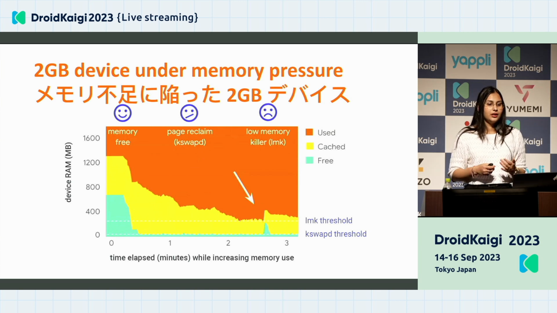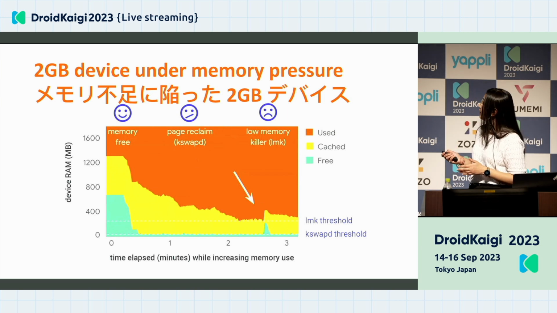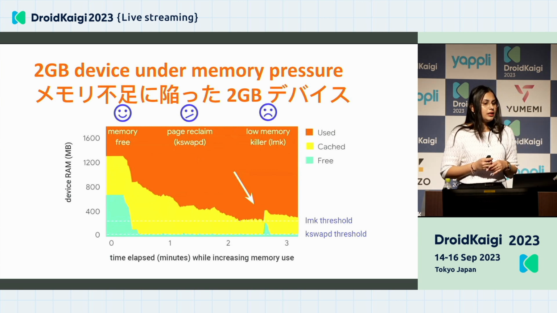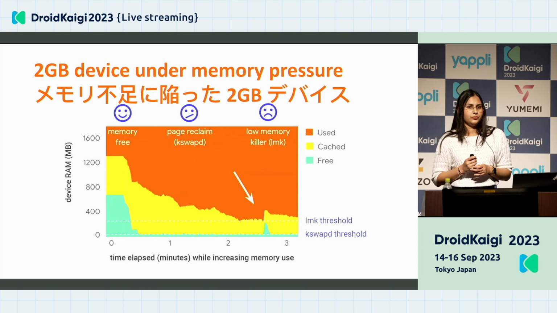So on Android, we have a mechanism called the low memory killer that kicks in when the amount of cached memory falls below a threshold, and we are calling that threshold the LMK threshold. Now what is LMK going to do? It is going to pick a process and just kill it.